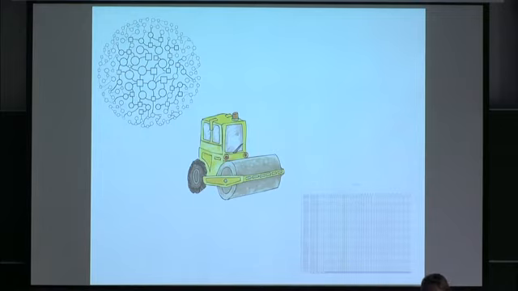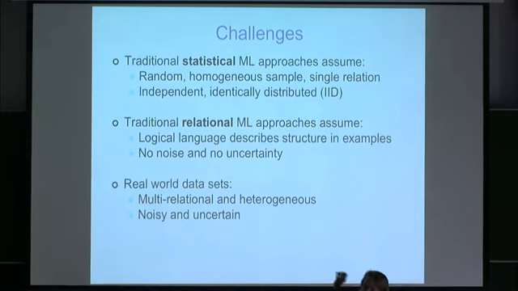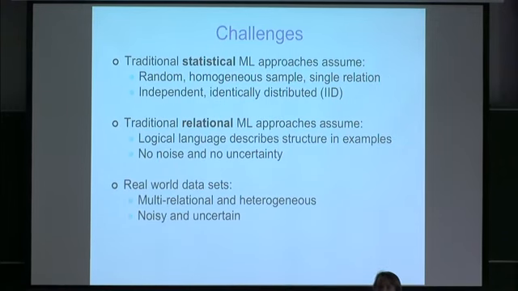So the challenge, still wearing the computer scientist hat, is that much of the work in statistical machine learning makes this horribly incorrect IID assumption about the data, thinking of it from a graph perspective as these nodes.